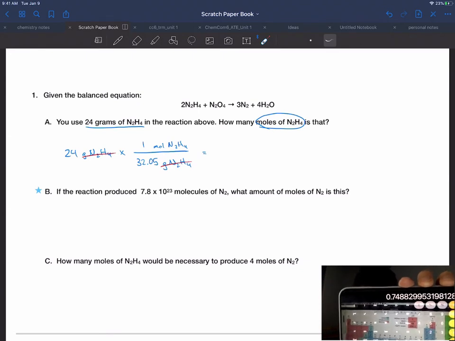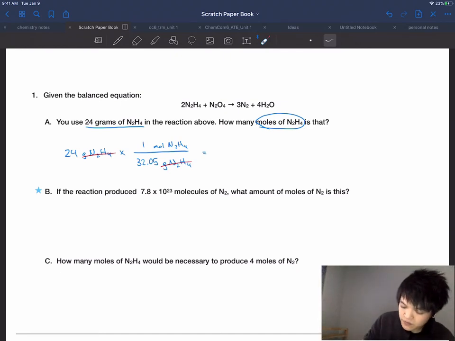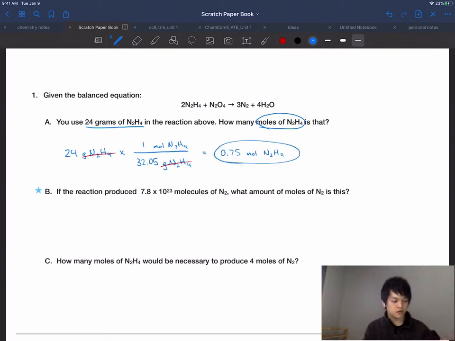That's how many moles there are. 0.75 moles of N2H4. All right. And there we go. So that was a mole to mass conversion, or mass to mole conversion, technically.